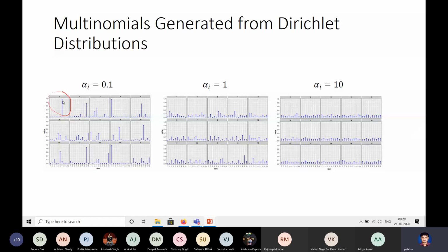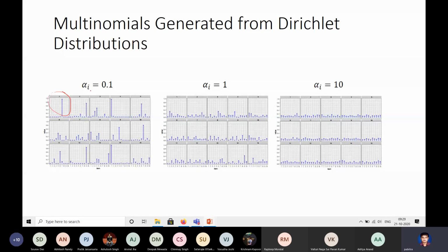Since every point is a k-dimensional vector containing values p1, p2, up to pk, I plot this. As I have said, if alpha is small, less than 1, the samples will be towards the corner, meaning they will be sparse distributions. You see, this is a sparse distribution: only one topic has a high probability, other topics have very low probability. Here only two topics have reasonable probability, others are very low.